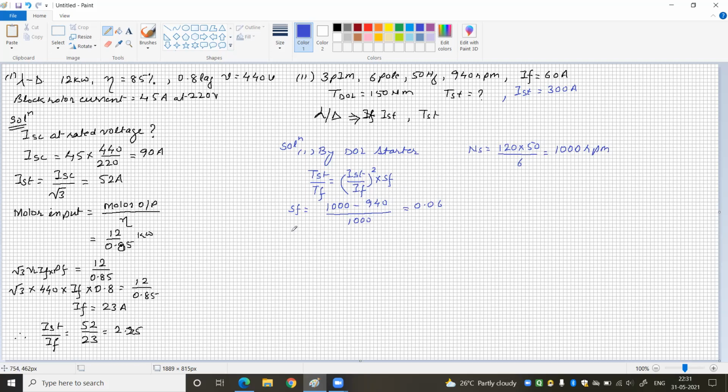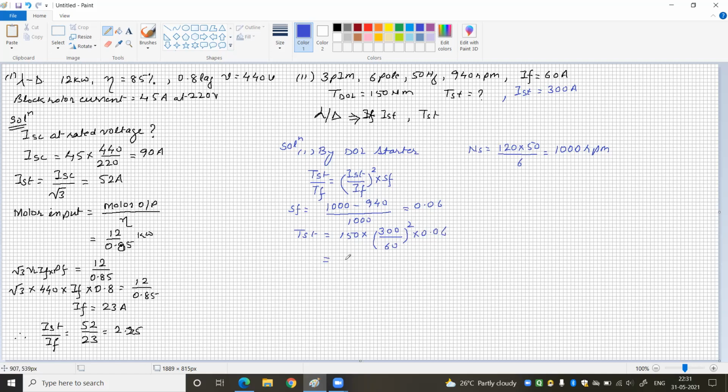Therefore, as it is given that the torque developed by the motor under DOL starter is 150 Newton meter, that is under the full load condition, T start is equal to 150 multiplied by (300 ampere divided by 60 ampere) whole square into 0.06.